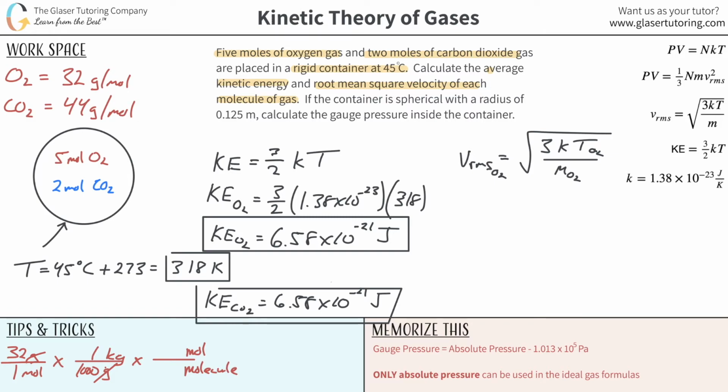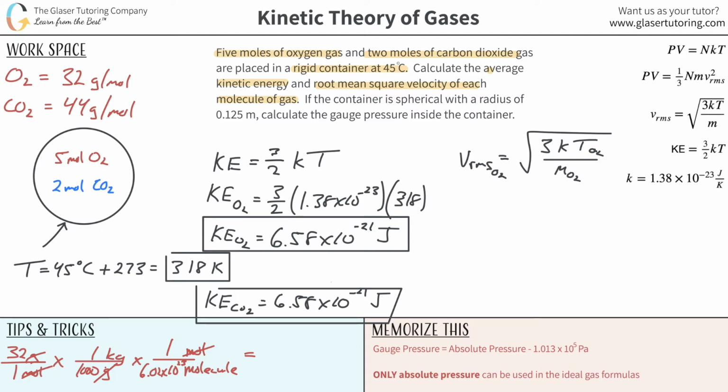And do we? Yes, we do. It's Avogadro's number. So you have to have this memorized: 1 mole is equivalent to 6.02 times 10 to the 23rd molecules. And now this is what we need. The moles will cancel, leaving us with kilogram per molecule. And that's what we need.